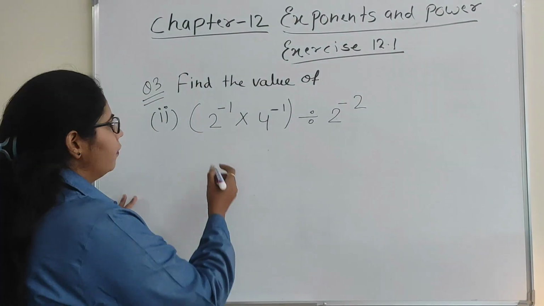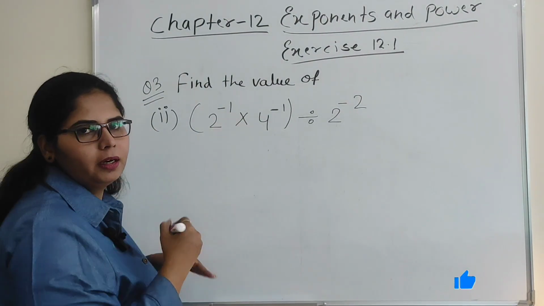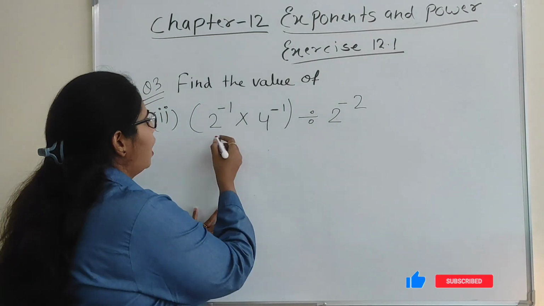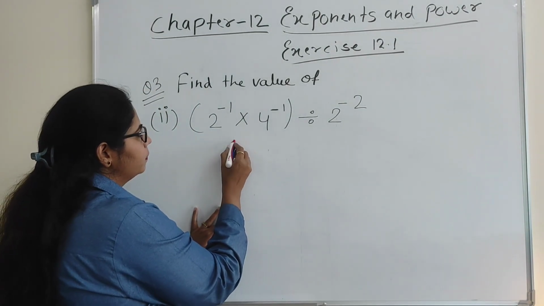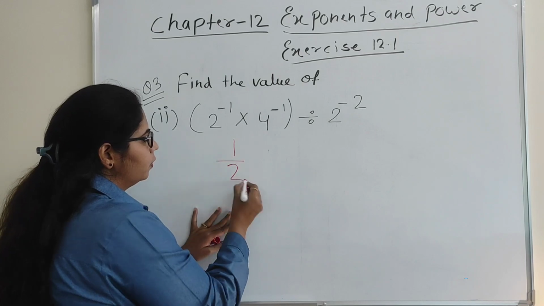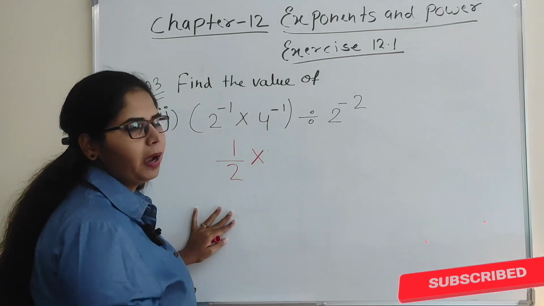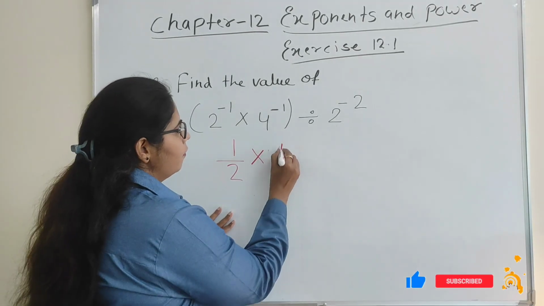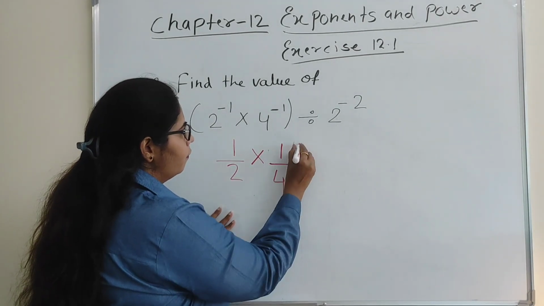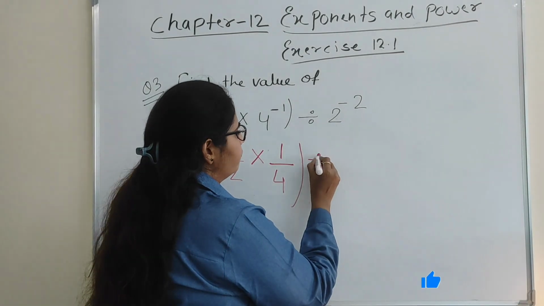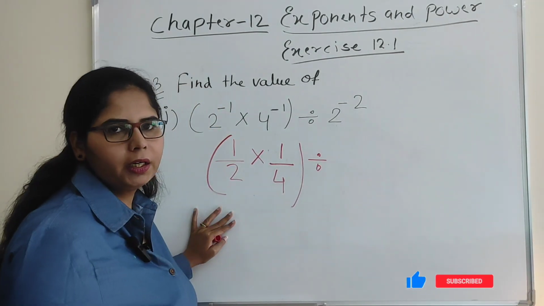Okay, so how to solve it? 2 to the power negative 1 means a to the power negative n, so I can write it as 1 upon 2.